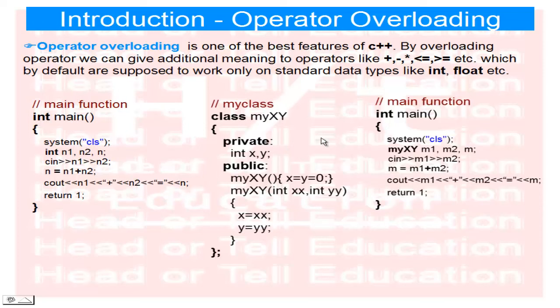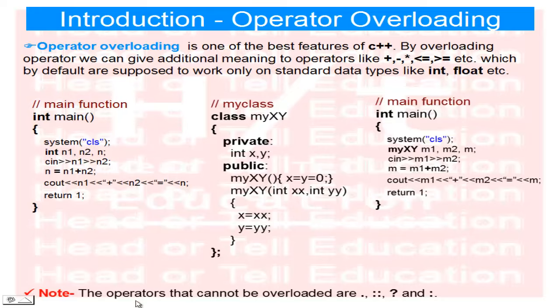So here I want to use the same operator the way it works with standard data types. First you have to note the operators that cannot be overloaded: dot, double colon, and the ternary operator. These three operators cannot be overloaded by using code.